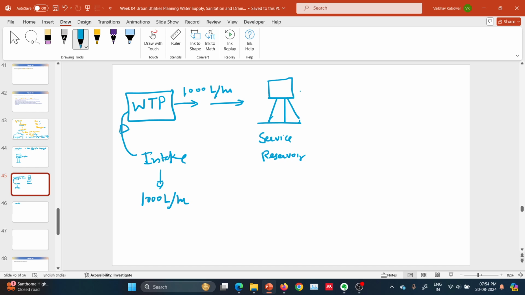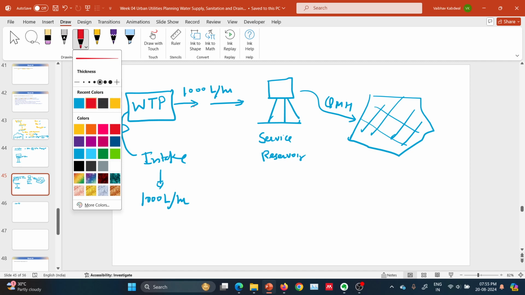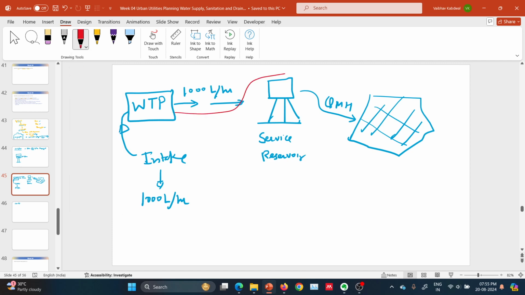But here in the community, we may need water at maximum hourly flow. So that's why instead of directly supplying through the water treatment plant to this community, we provided a service reservoir here which can reduce the fluctuations.